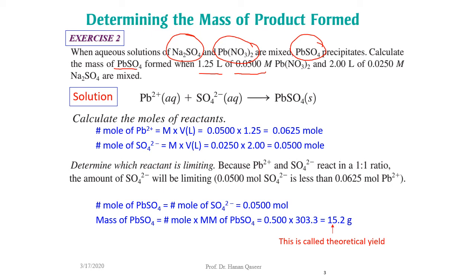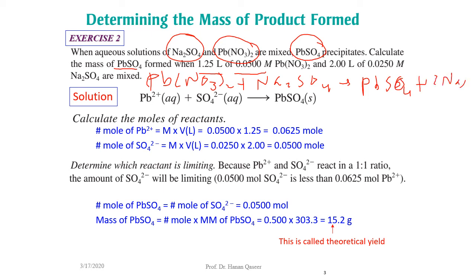Same thing, we have to write the molecular equation, which is lead nitrate plus sodium sulfate gives lead sulfate precipitate plus 2NaNO3 salt.